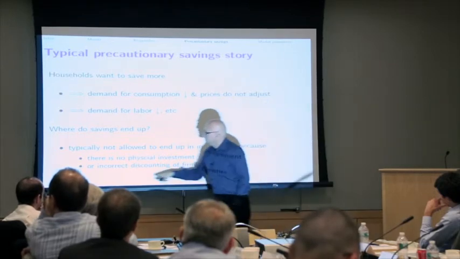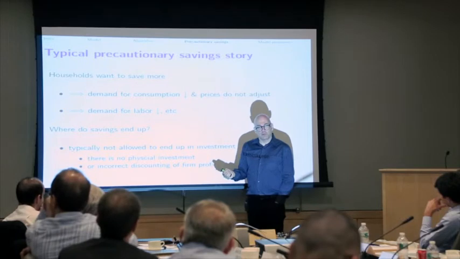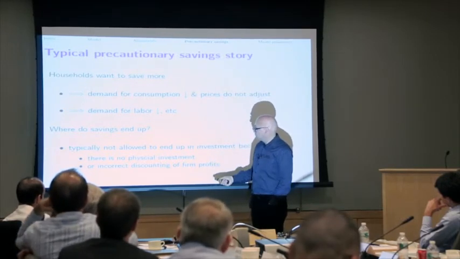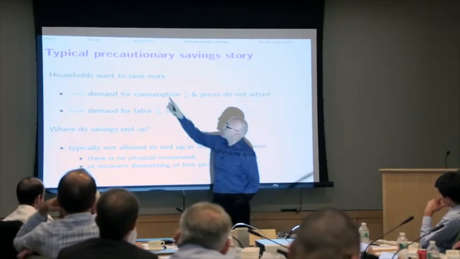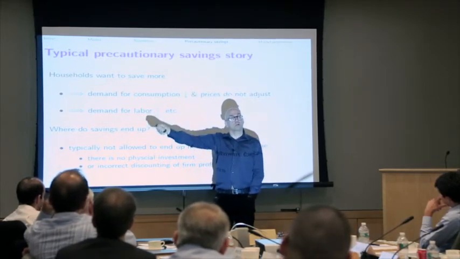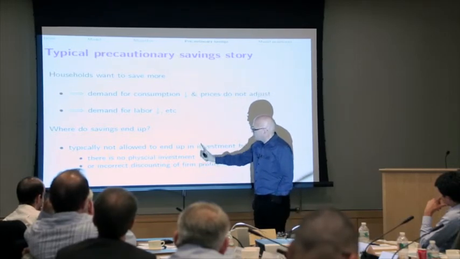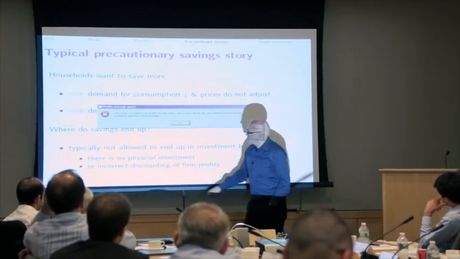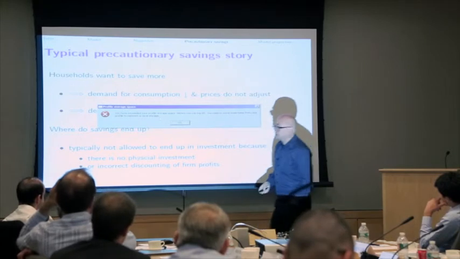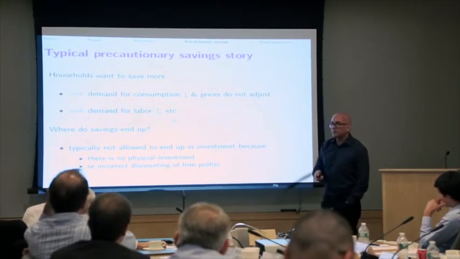When it comes to valuing firm ownership, they don't allow for it, because with precautionary savings the marginal rate of substitution is going up. You care more about getting stuff in the future. So that should have an upward effect on firm ownership. But if you don't discount correctly, then you're not going to capture that.